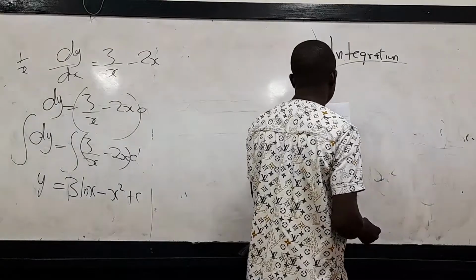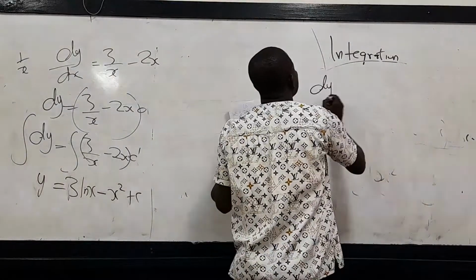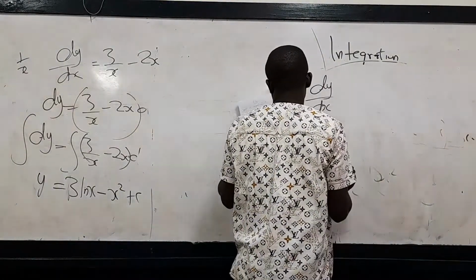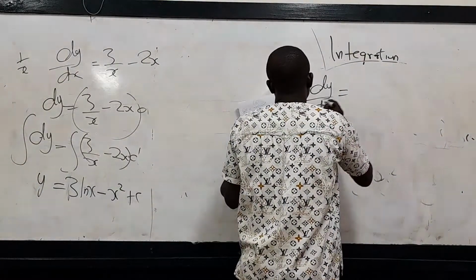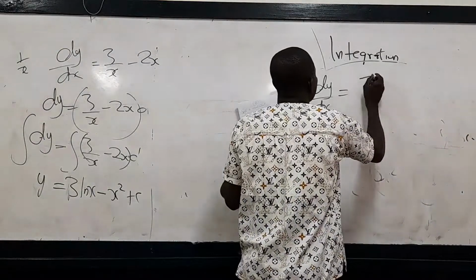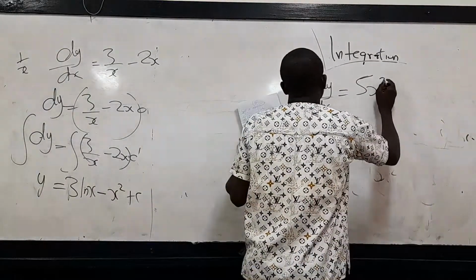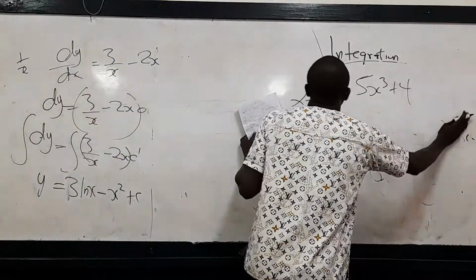Okay, another one is here. It says dy/dx is equal to 5x cubed plus 4 over x.